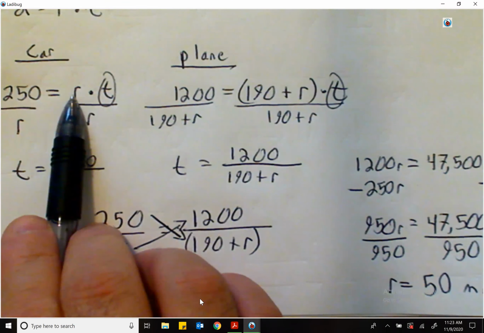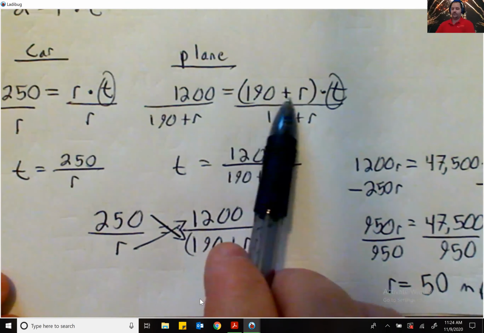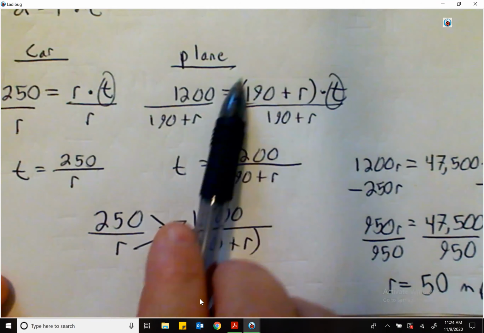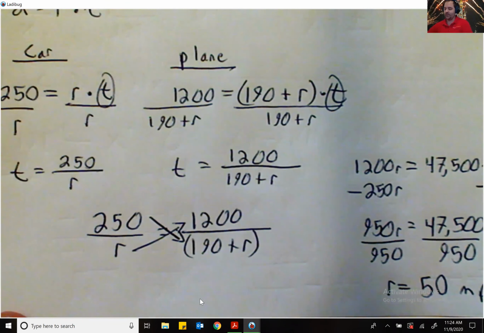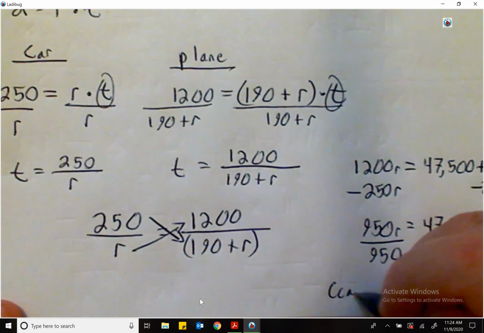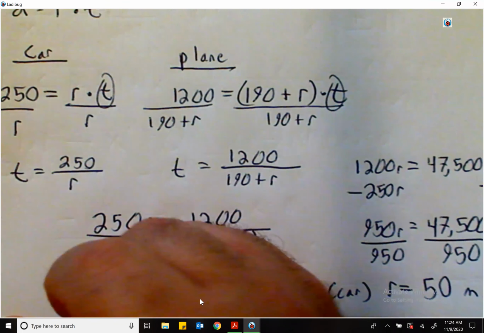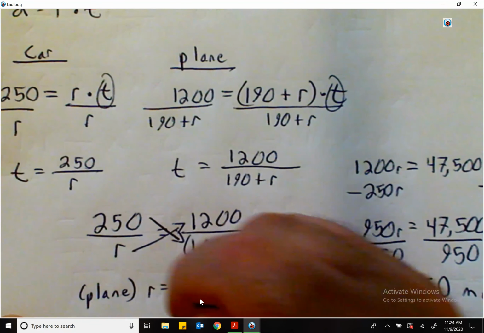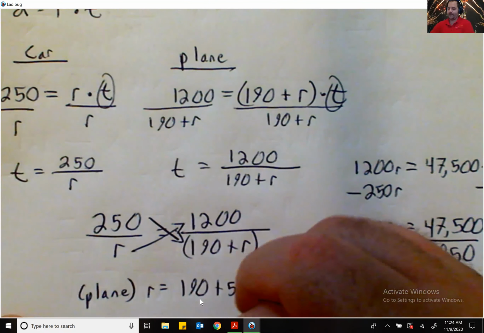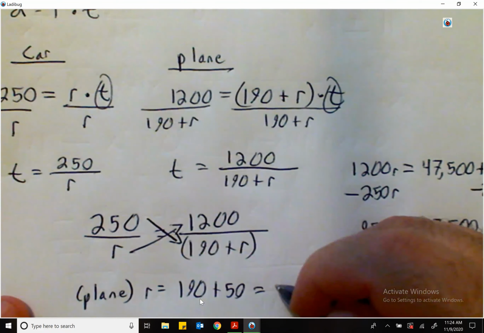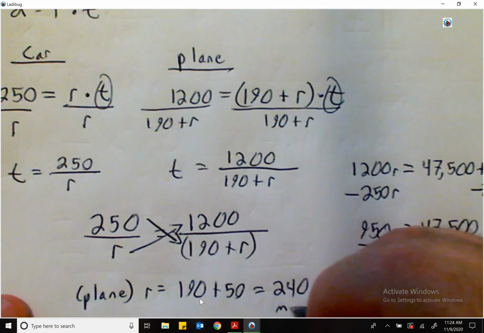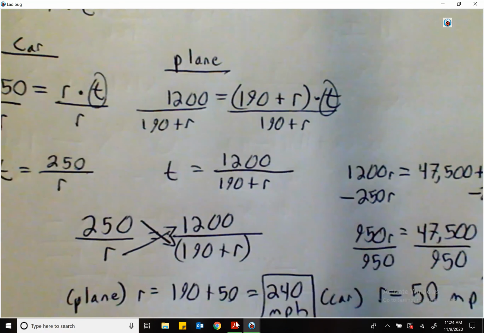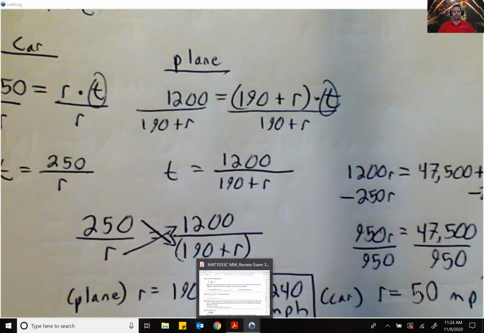If I want the plane, I have to add 190 to it. So this is really the car's speed. The plane speed is 190 plus 50, which is 240 miles per hour. And that's what goes in the blank.